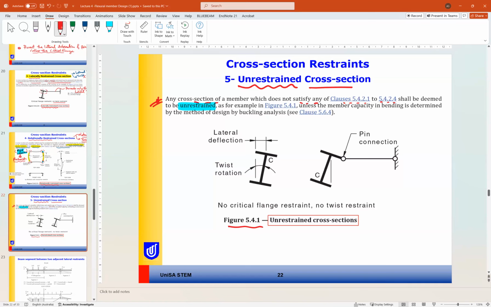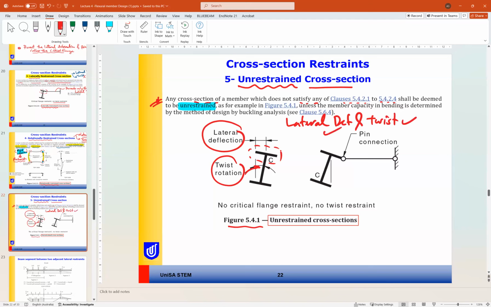If this is our critical flange, the flange can rotate, twist, and can also deflect. If the flange can rotate and deflect, this means that both deformations are allowed.